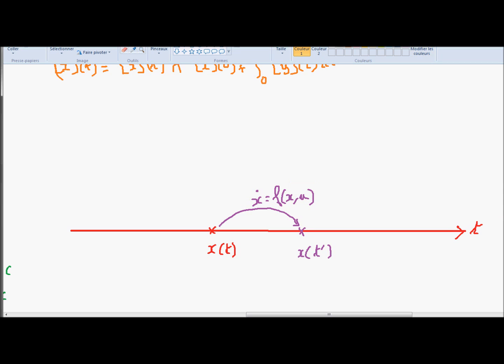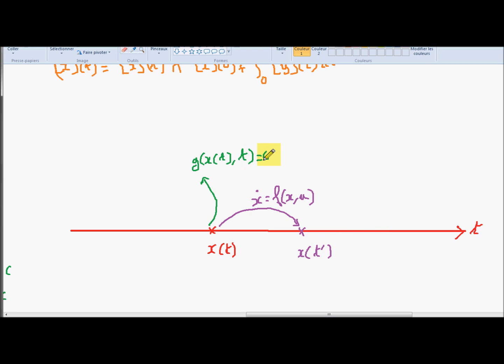But I will have some exteroceptive measurements. So here I will write an equation g of x, t, which depends on t, because the measurement is included inside g, which is equal to 0.